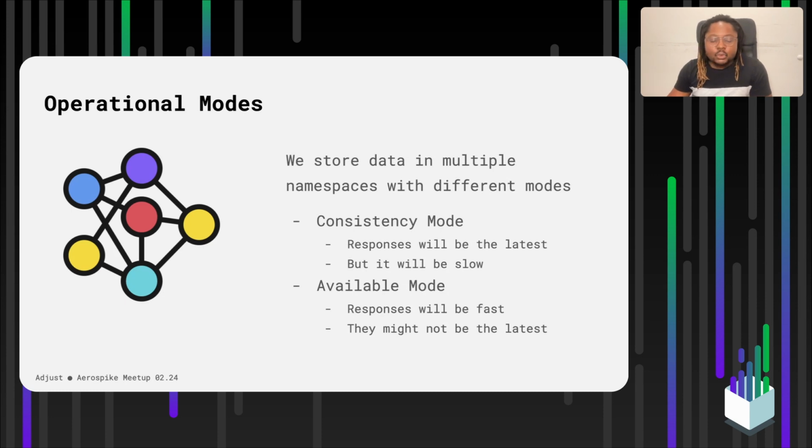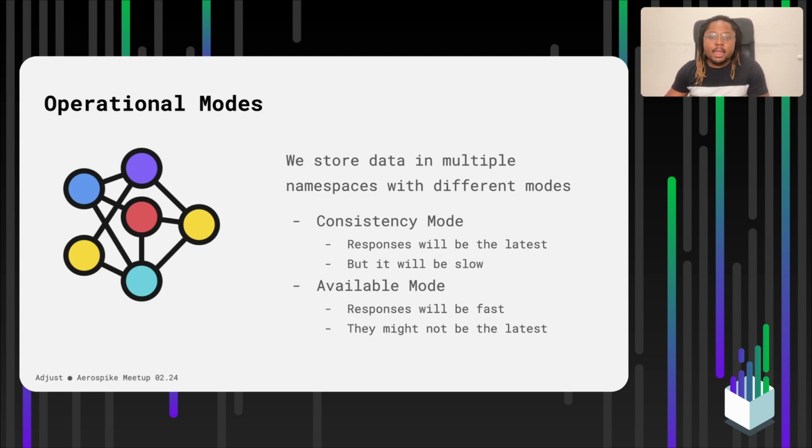Aerospike allows us to have two of these operational modes, and we use them for different namespaces for different reasons. There are some sets of data where we place a higher premium on consistency than availability, and there are some namespaces where we place a higher premium on availability rather than consistency.